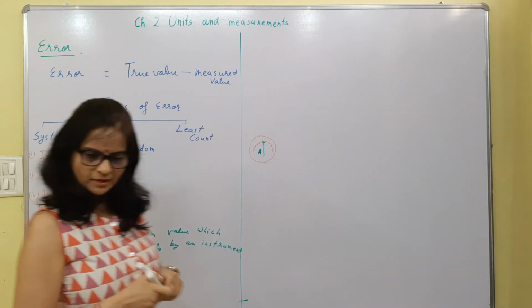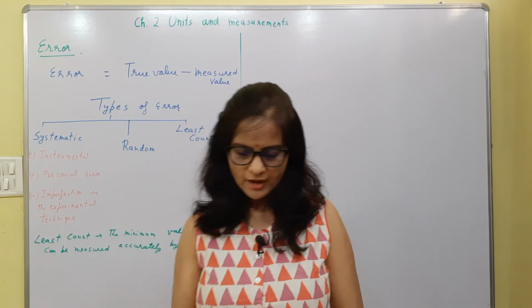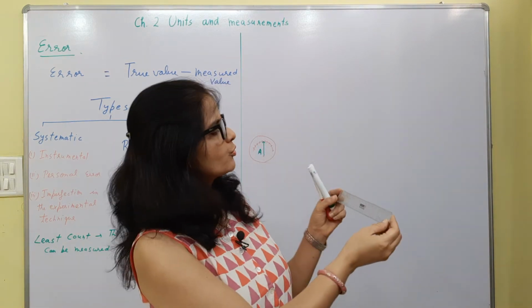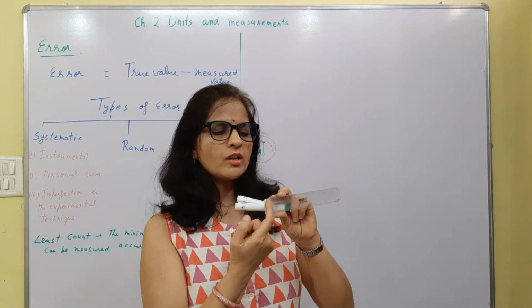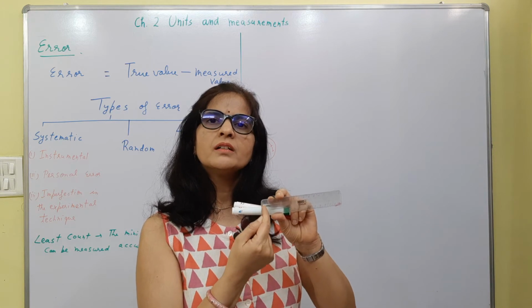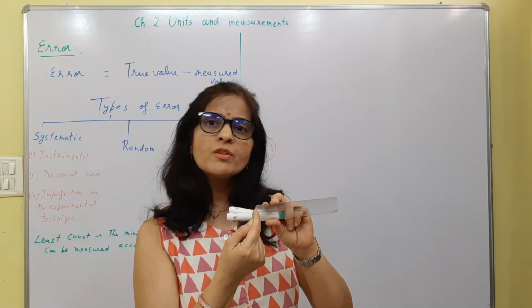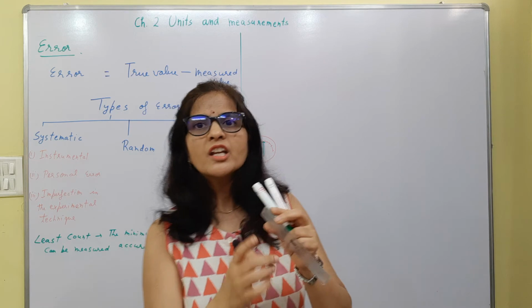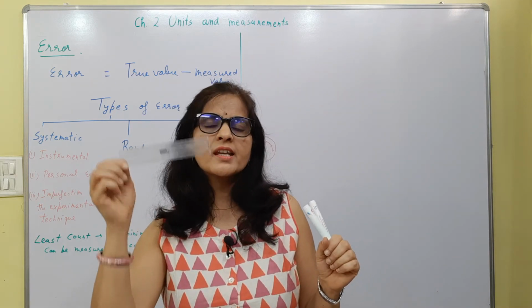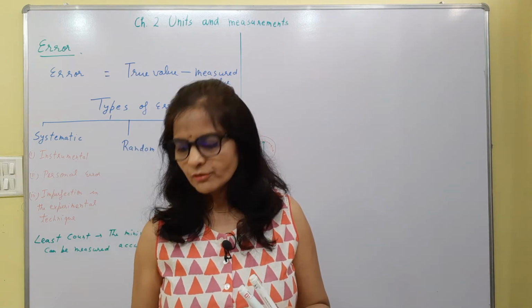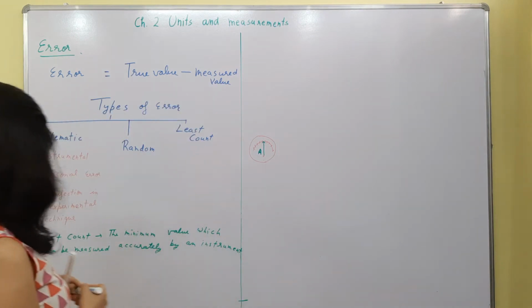So let's take an example to understand this. If you have this scale which you use in your pencil box, what is the smallest value which you can measure accurately by this instrument? This will be 1 millimeter, right? So you can say that the least count of this scale is 1 millimeter, right? So I hope this is clear.